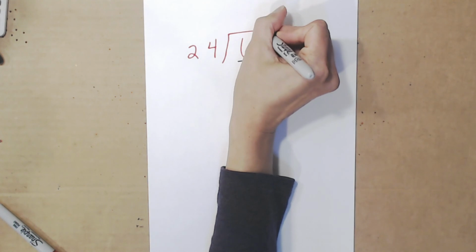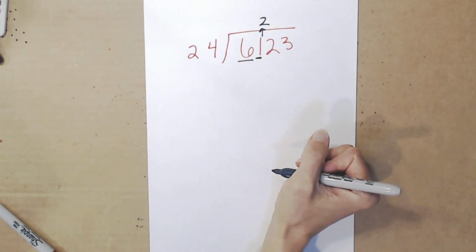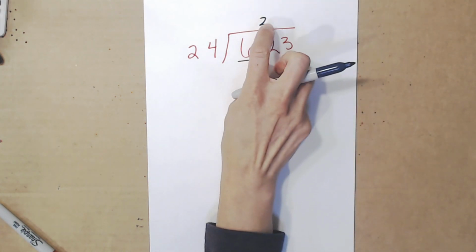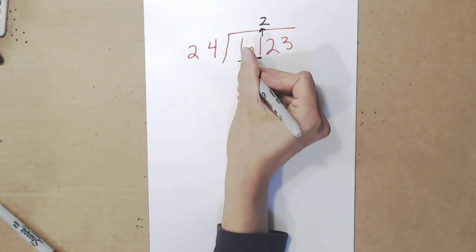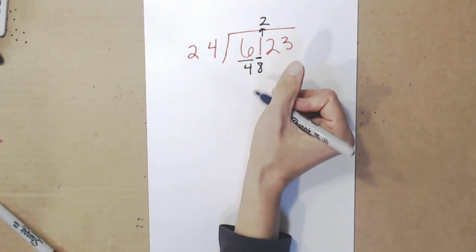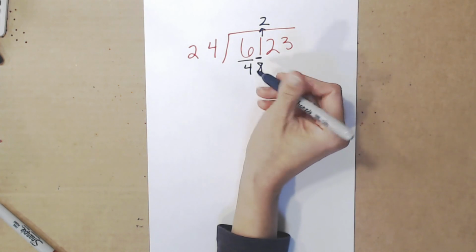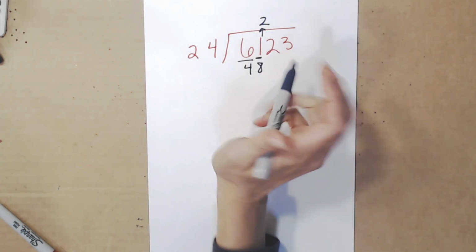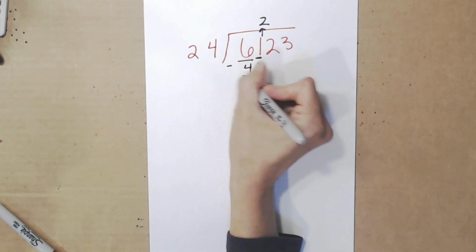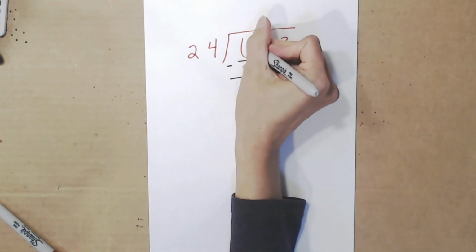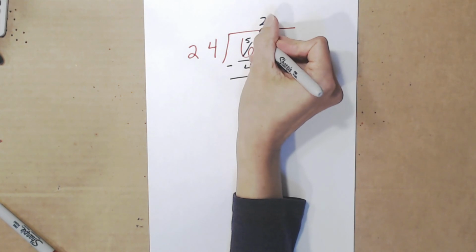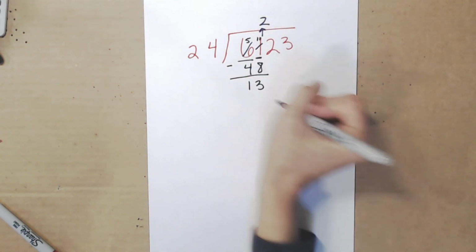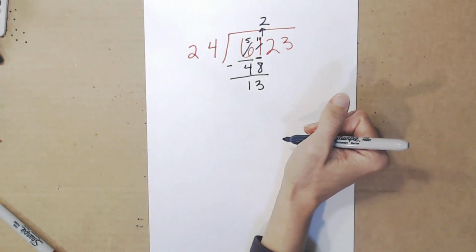And I put the 2 above the hundreds because I'm sharing hundreds. So now, if I take 2 times 24, that's 48. So I used up 48 of the hundreds because I gave each of these 24 people 2 hundreds. I take 61 minus 48, and I get 13. So I have 13 hundreds left.